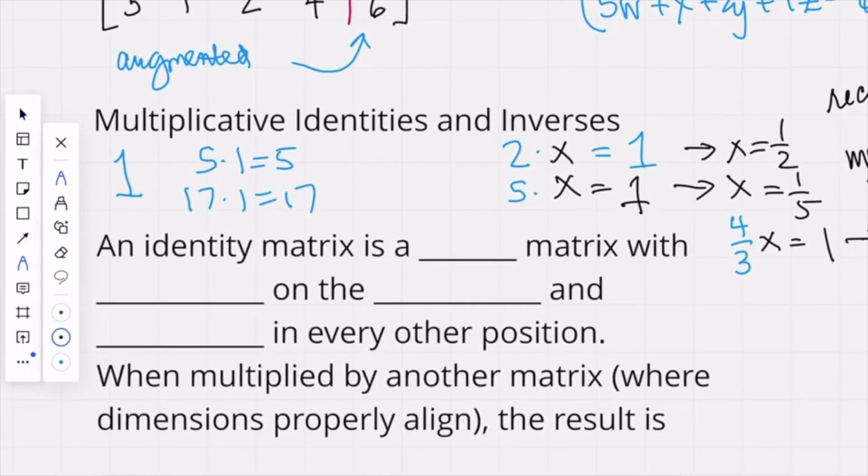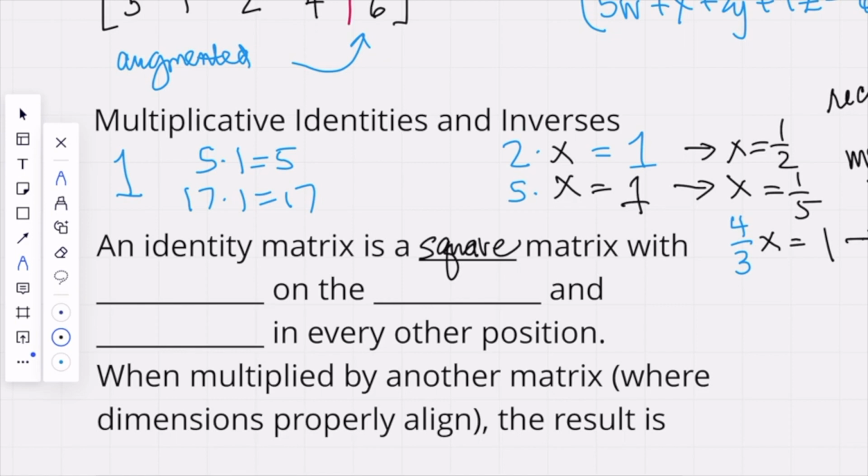Okay, so this is all the numeric background to kind of remind you of what these things are. And so now let's talk about it in terms of matrices, okay? An identity matrix is a matrix that is square. Okay, it's got to be square. And square just means it has the same number of rows as columns. It's a 2 by 2 matrix. It's a 4 by 4 matrix.